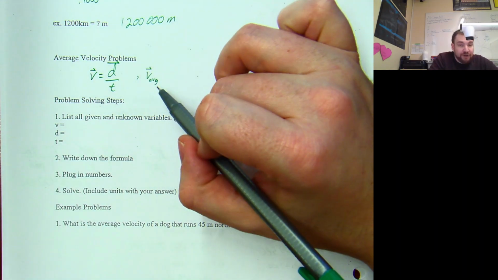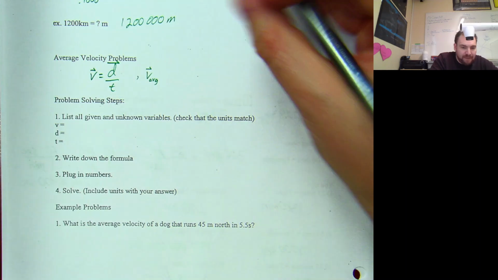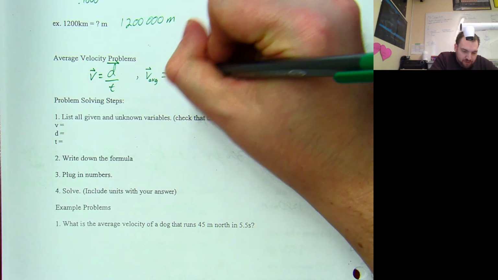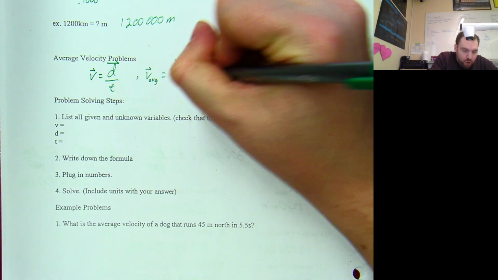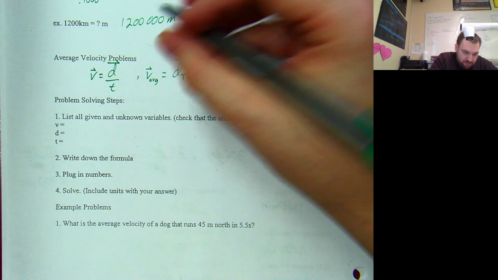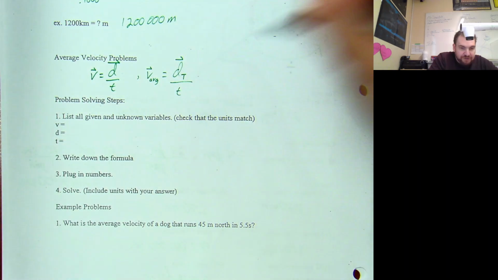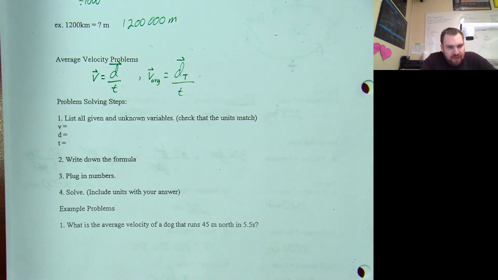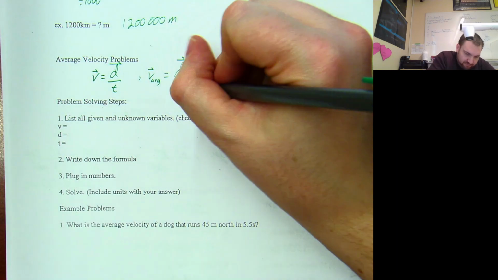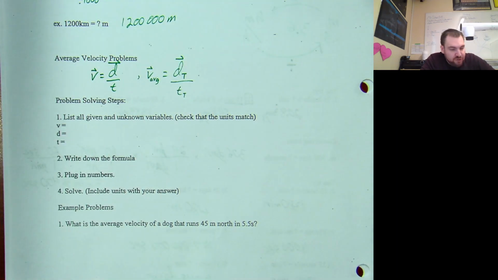So velocity average, this is shorthand for average, is equal to your total displacement over your time. That's the third formula, actually, total displacement over total time.